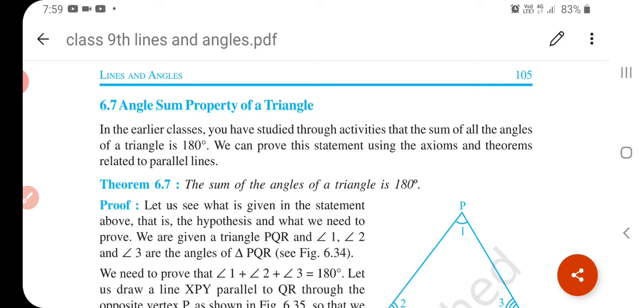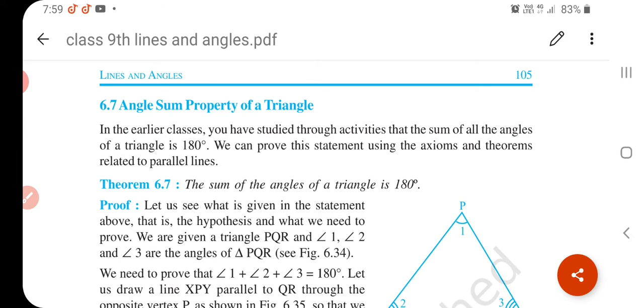Understand? This is our second theorem. Before going ahead, I want to remind you of something. In this chapter we learned about transversals, and corresponding angles are always equal, and alternate interior angles are always equal.